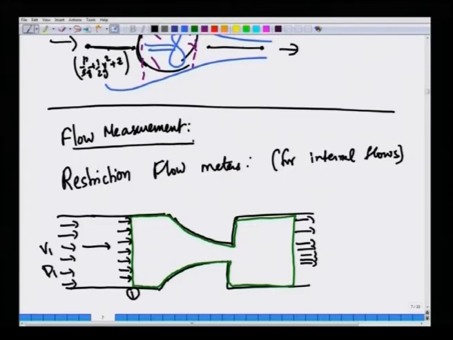Now if you look at the nature of the flow, the fluid will come like this, and it will go like this, and there will be recirculating zones of fluid. These zones do not contribute to any flow rate.